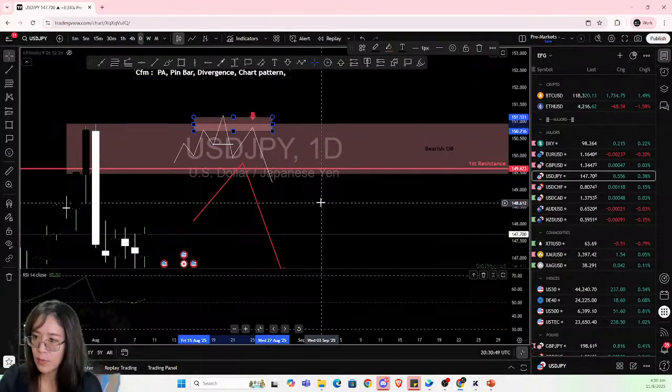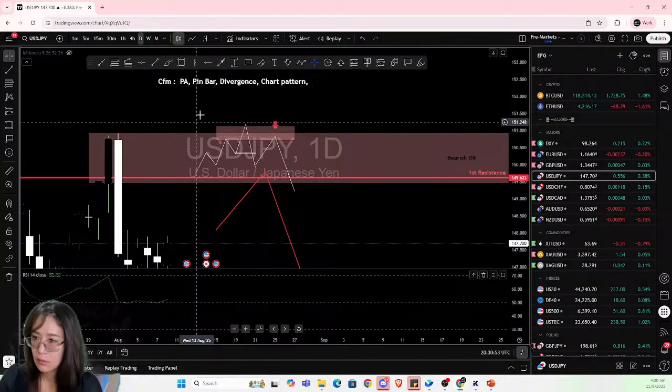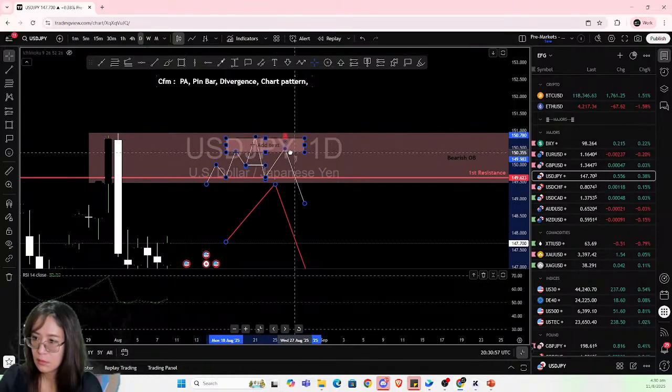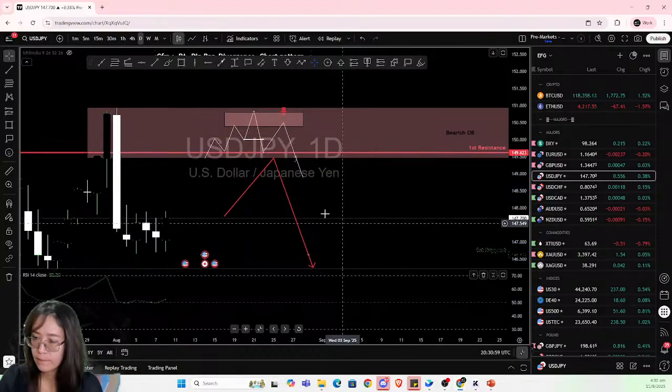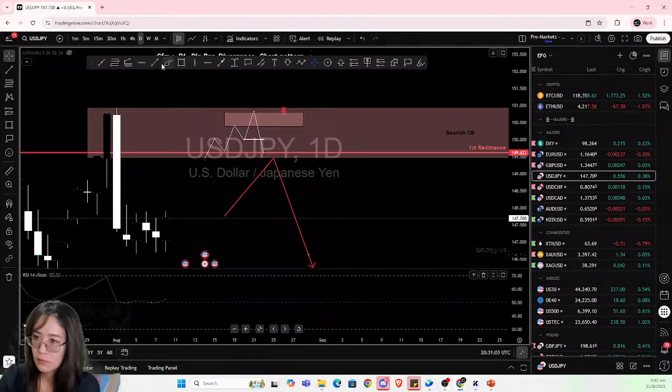You wait for price to pull back and then you sell, within the zone. On the lower time frame, you wait for price to pull back somewhere around here.